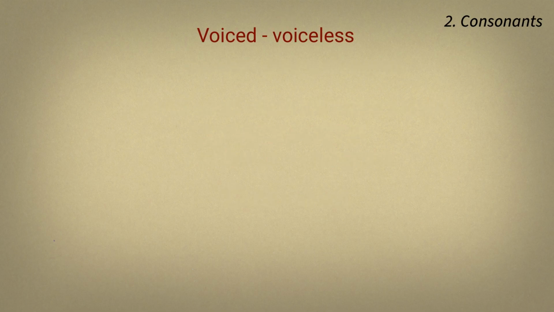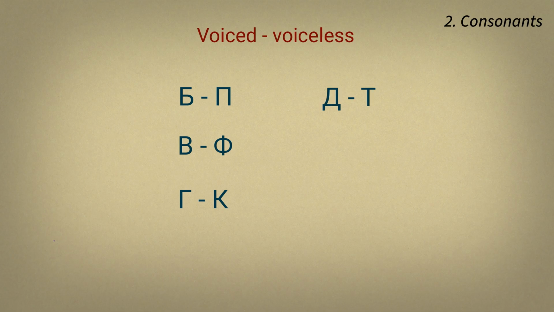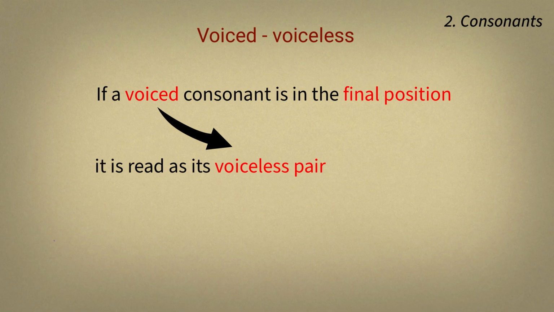There are pairs of voiced and voiceless consonants. They are B, P, V, F, G, K, D, T, Ž, Sh, and Z, S. So, if a voiced consonant is in the final position, it is read as its voiceless pair.